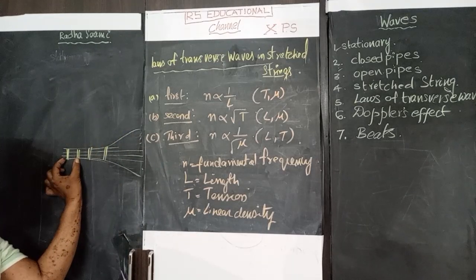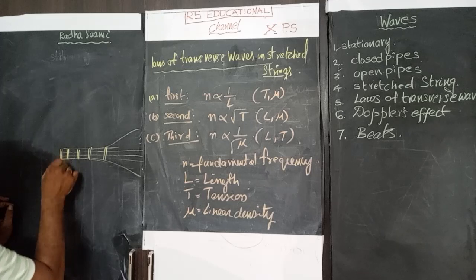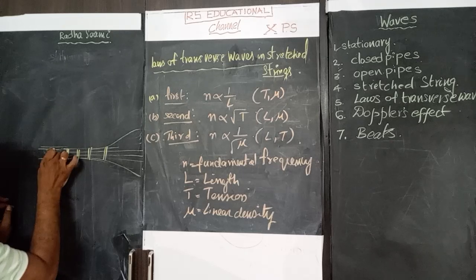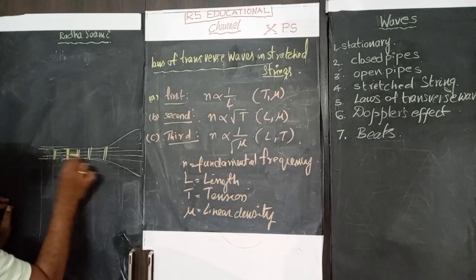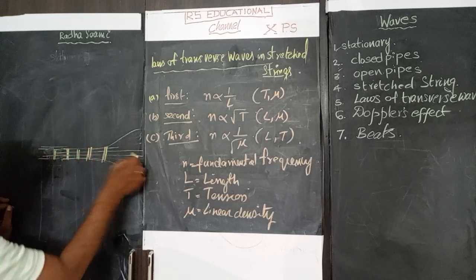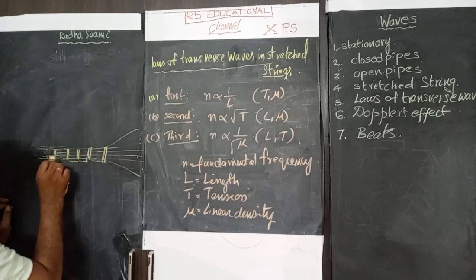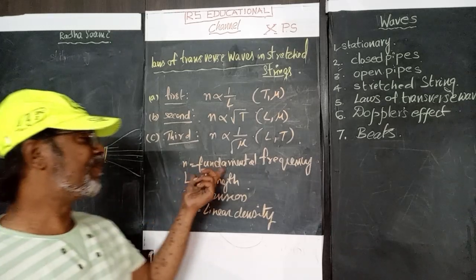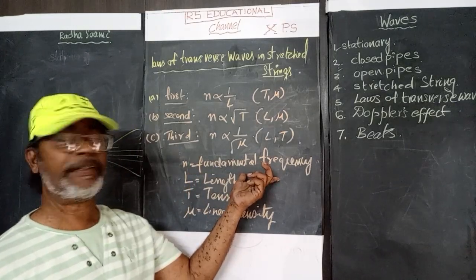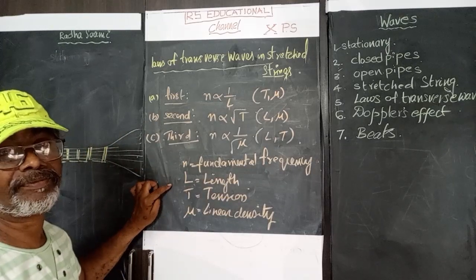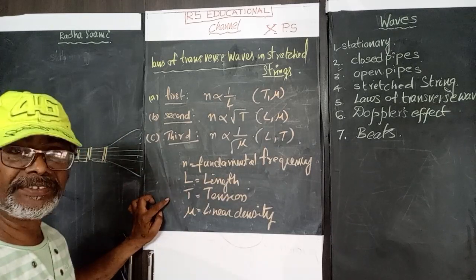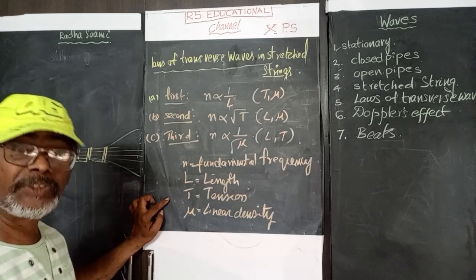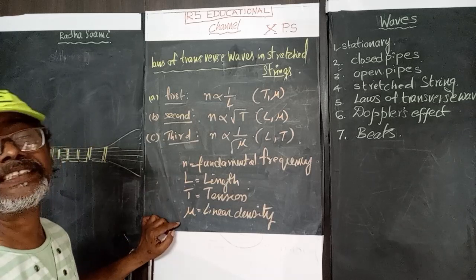The distance becomes less when it goes away from the string like this. You are getting more distance near here. Decreasing. So the fundamental frequency depends upon the length, tension in the wire string, so that's why we are increasing its tension by screwing it, and the linear density of the wire.